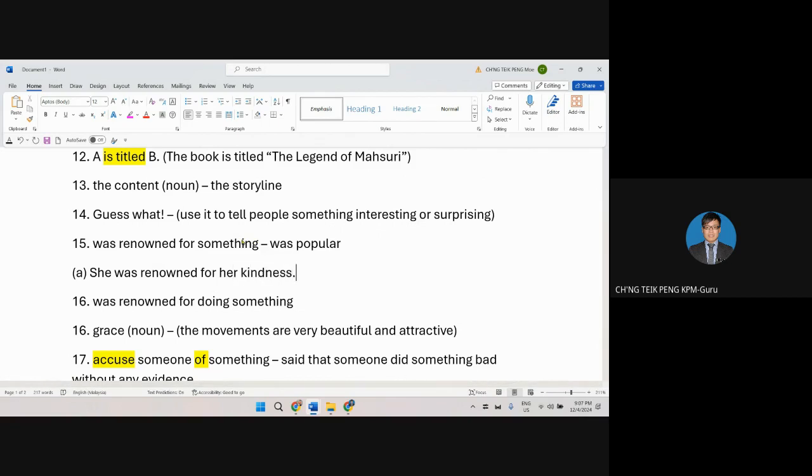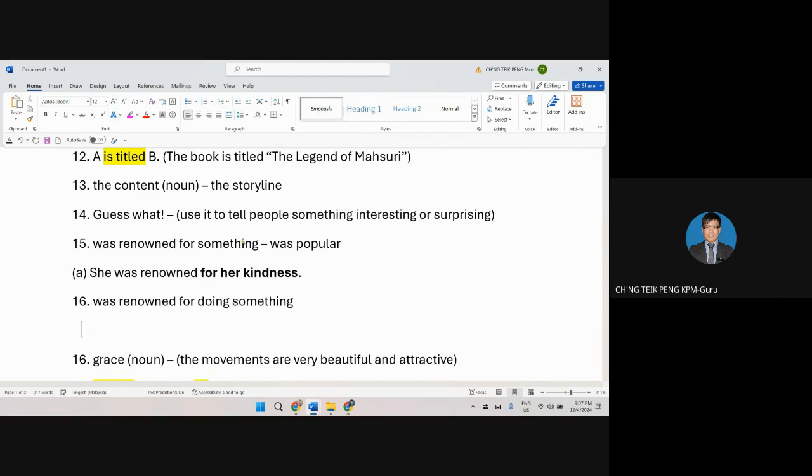Okay, she was renowned for her kindness. 为什么这里用 for 呢？因为 her kindness 是一个名词来的。OK，如果 for 的后面你放动词呢，你就要用 ing 咯。She was renowned for helping people all the time.